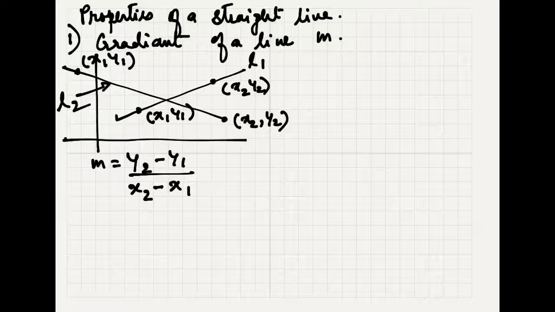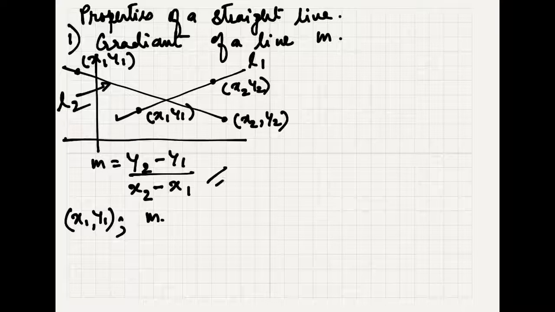This also helps us find the equation of a line. Suppose a fixed point (x1, y1) is on a line, and the gradient of the line is given as m. Then from this we can find the form of that straight line.